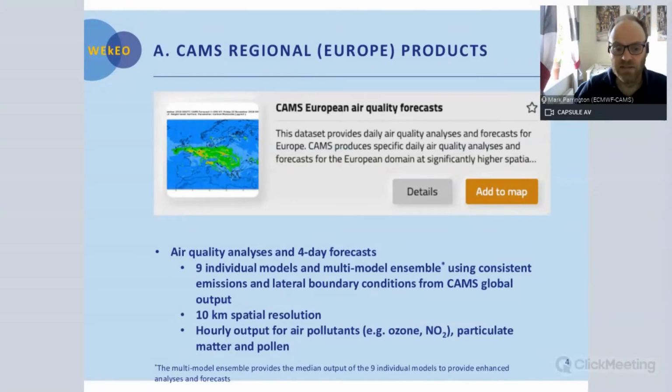They have a 10-kilometer spatial resolution and provide hourly information on air pollutants, for example, ozone, NO2, particulate matter, pollen from the surface up to about, I think, up to 5,000 meters. And just to point out, the multi-model ensemble is very helpful because it combines all of the individual models into a median state and actually performs often better than the individual models themselves.